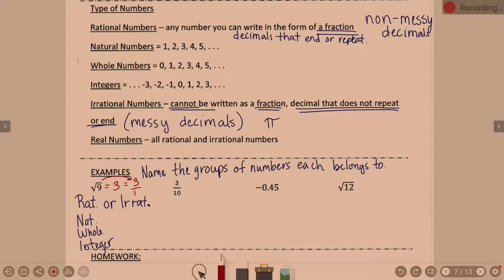Is it rational or irrational? Rational. Why rational? Because didn't I just write this as a fraction? So it's rational. If it's rational, it cannot be irrational. It's one or the other, not both.